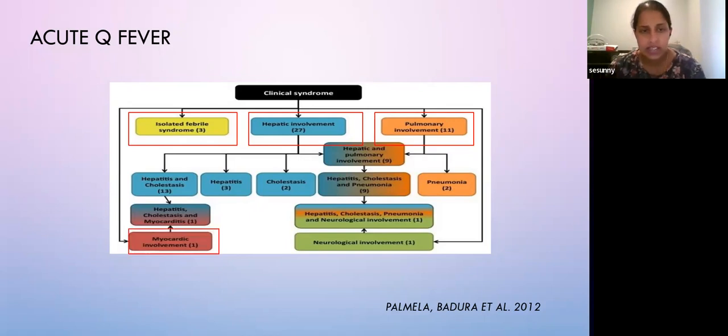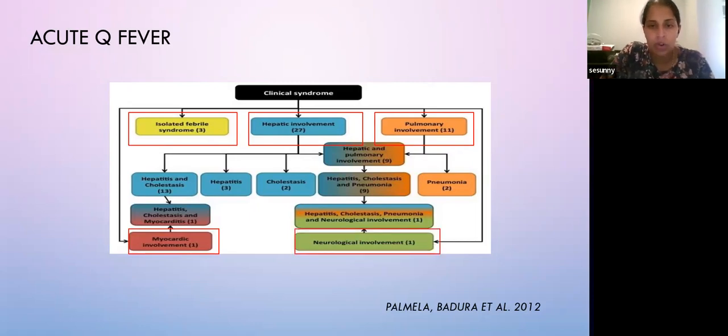You have myocarditis, also another syndrome of acute Q fever, and in some of the case reports it has been documented as a missed cause of death in patients who present with acute Q fever. And then neurological involvement.